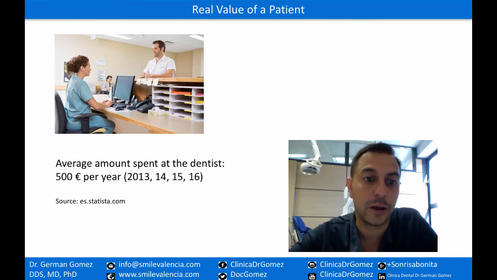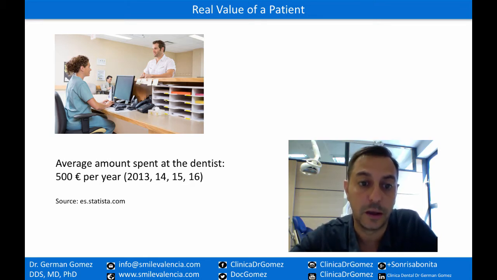So average amount spent at the dentist per year, based on the years 2013 through to 2016, is in Spain around 500 euros per year. The source is es.statista.com.